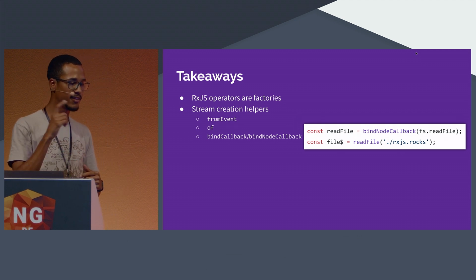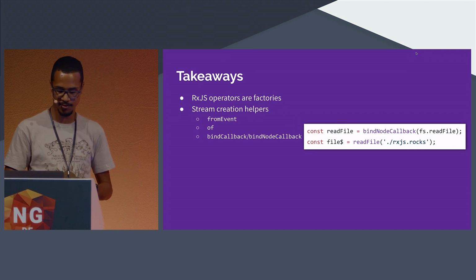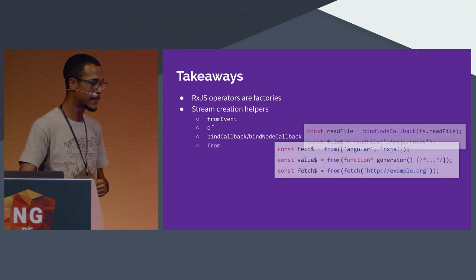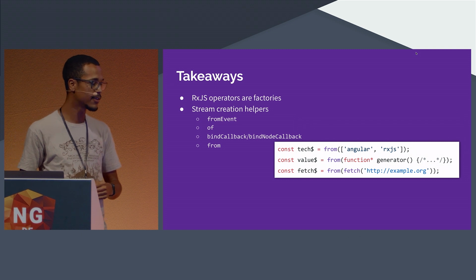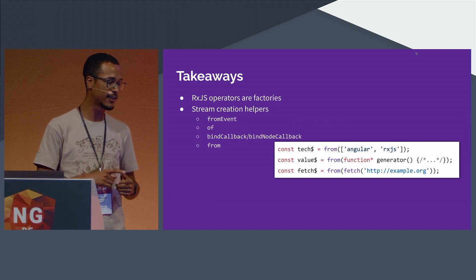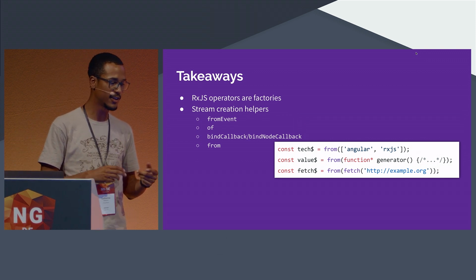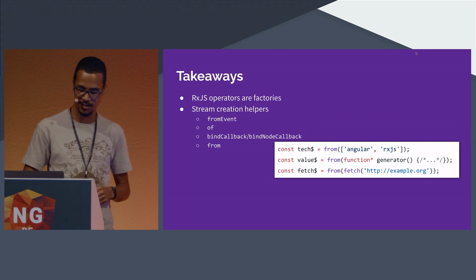So when the callback of that function is called, the observable emits a new value. And the from function creates an observable from any iterable, like an array, a generator, or even promises, as you can see with fetch.